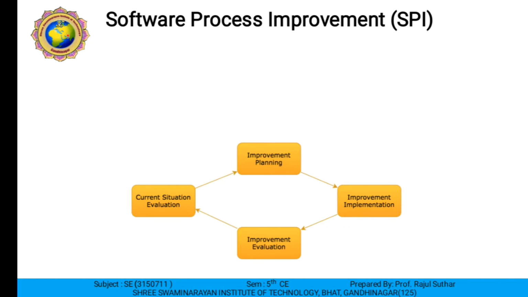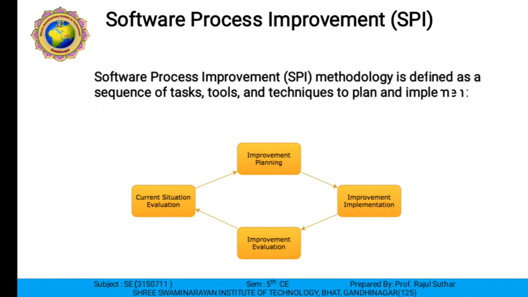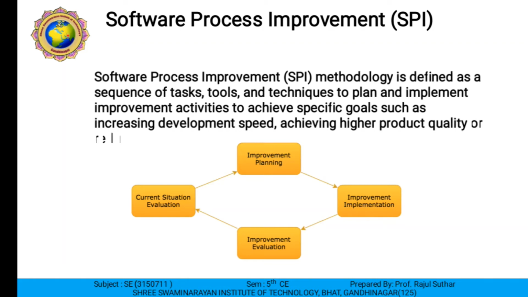Then software process improvement. What is software process improvement? Software process improvement, SPI, is a methodology defined as a sequence of tasks, tools and techniques to plan and implement improvement activity to achieve a specific goal, such as increasing development speed, achieving higher product quality or reducing cost.